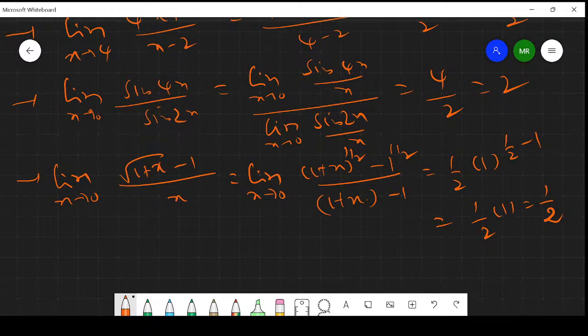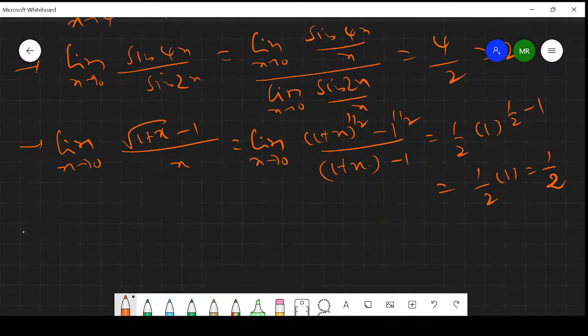I can write limit x tends to 1, ax square plus bx plus, the last problem.